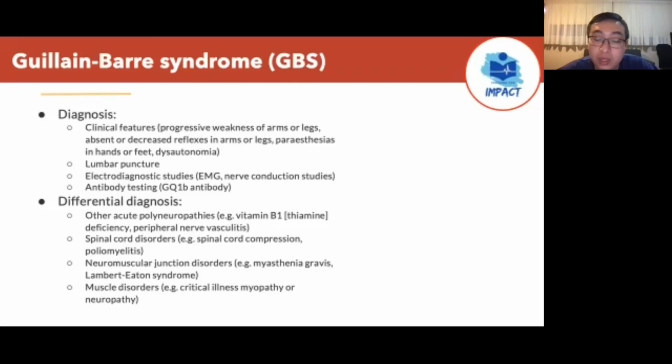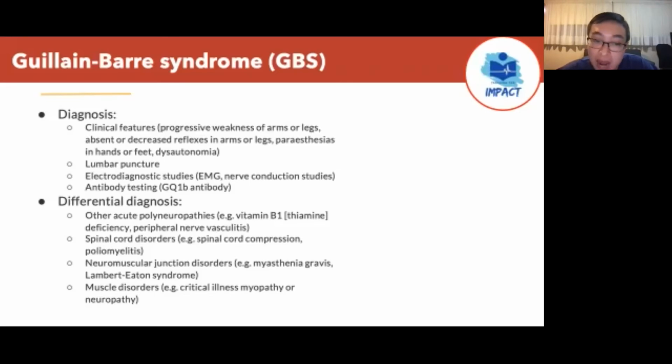So in all patients with a new diagnosis of myasthenia gravis, you need to go looking for thymomas as well. The treatment of myasthenia gravis is usually an acetylcholinesterase inhibitor, most commonly pyridostigmine. Pyridostigmine inhibits acetylcholinesterase, which usually degrades the acetylcholine in the neuromuscular junction. And so it results in increased levels of acetylcholine in the neuromuscular junction that can then bind to the acetylcholine receptor. And you usually can reverse the symptoms with pyridostigmine.